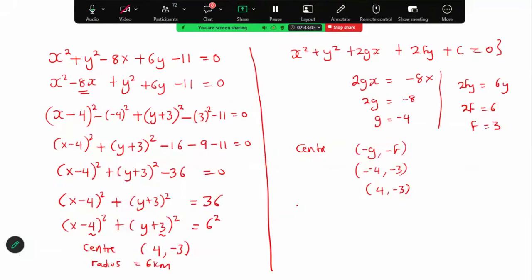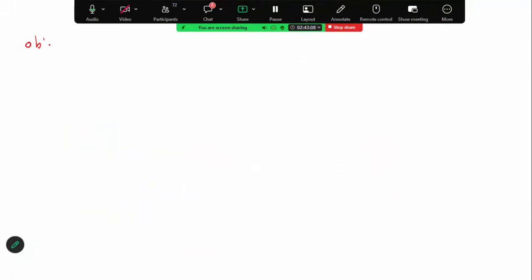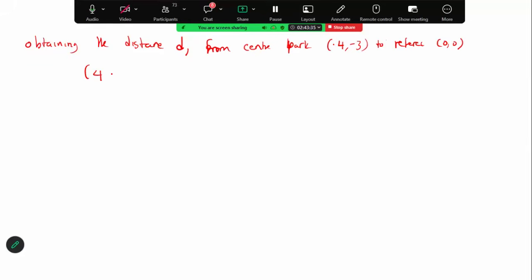So I'm going to come and say that now, obtaining the distance D from the center of the park, our center was 4, -3, to the reference point, which is 0, 0. So that means you have 2 points, 4, -3 and 0, 0.